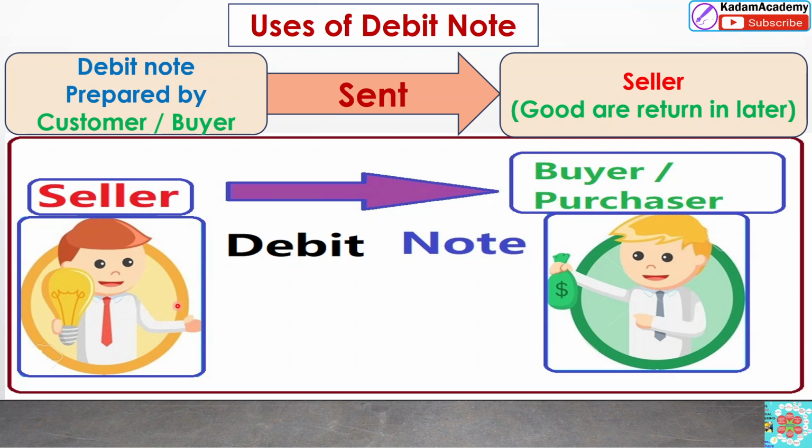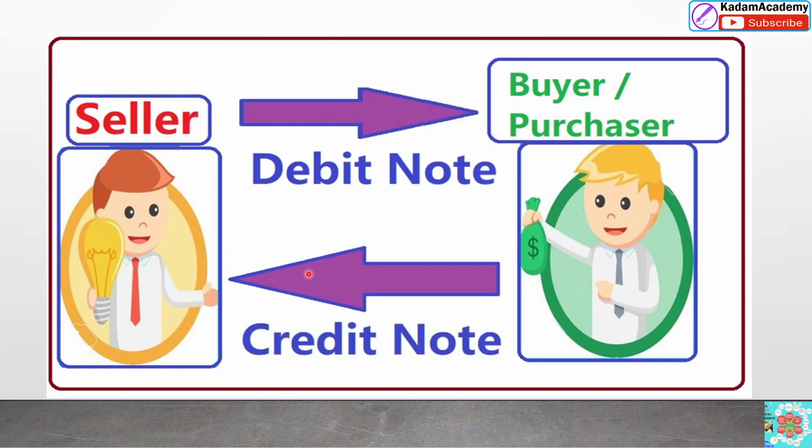But out of the 6 lakh, a product costing 1 lakh is not as per the standards, so he returns it to the seller. In that case, he has to give a debit note. So friends, debit notes and credit notes are given from seller to buyer and buyer to seller. These are some of the various examples, which will help you understand debit notes and credit notes.